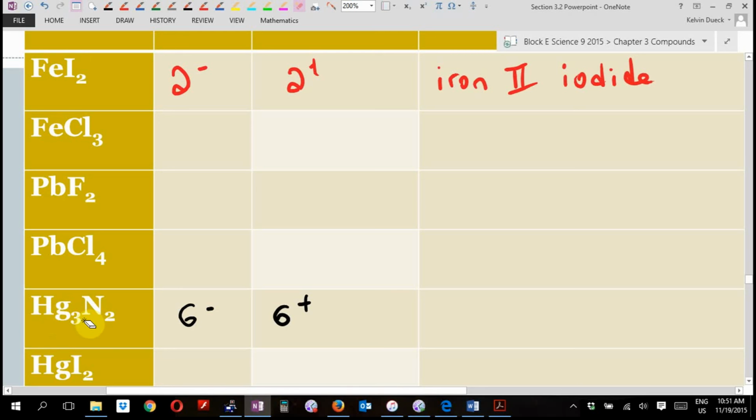So what must each mercury be so that I can get a total of 6+? That's how it's done. This is going to be mercury 2 nitride.